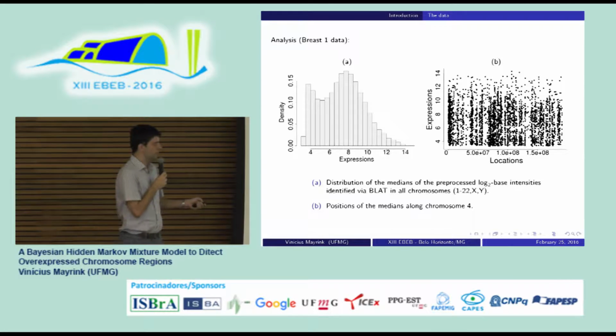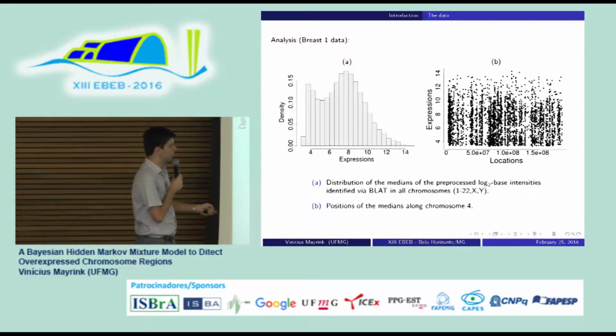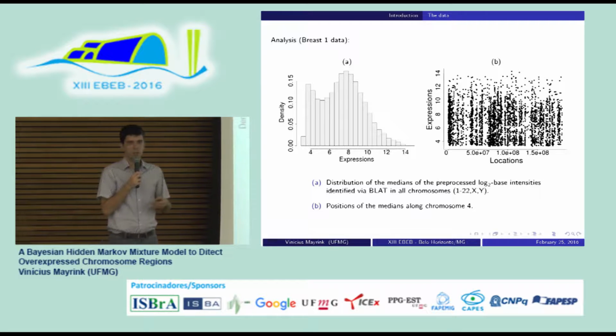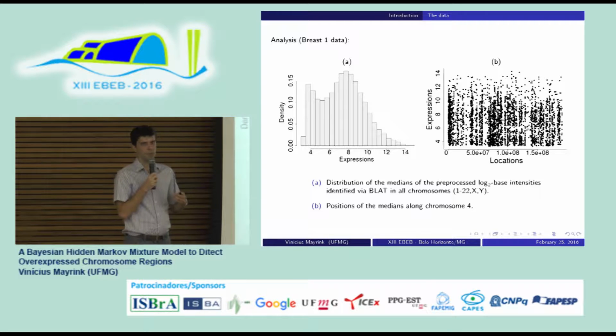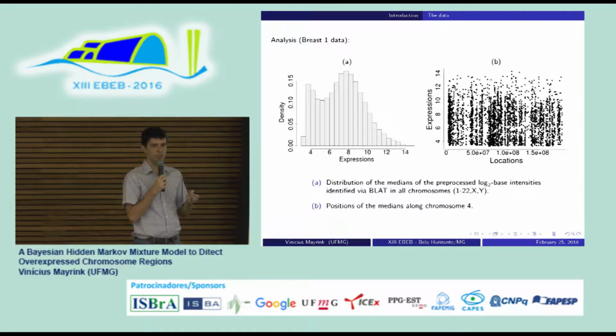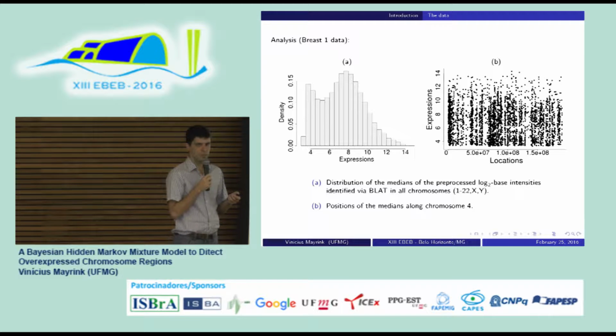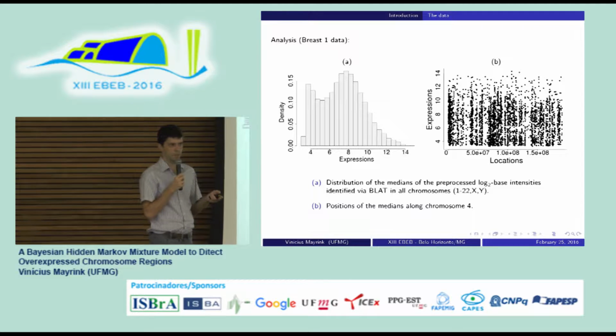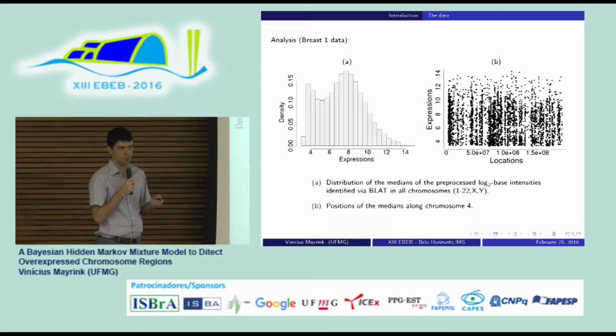Basically, our data mapped to the chromosome locations here in chromosome 4, they are like a series with not a regular spacing, with some distances between consecutive locations. These distances may vary, and we are going to use those distances to evaluate whether we have some Markov dependence between consecutive observations, okay?